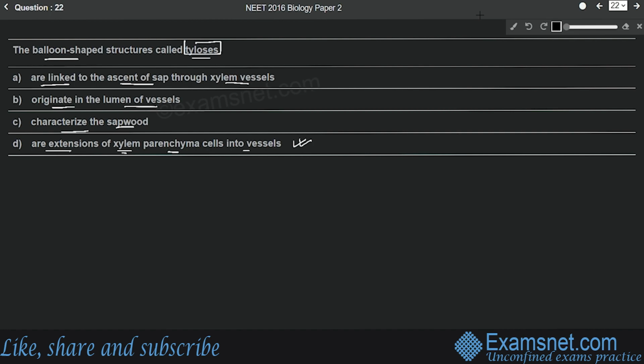Tyloses are nothing but the ingrowth or the extension of parenchyma cells into the xylem vessels. So due to that, these become non-functional.